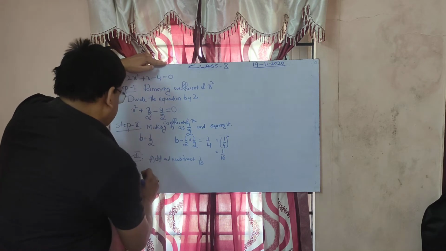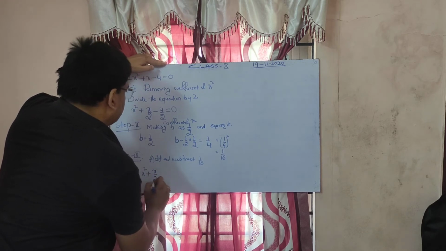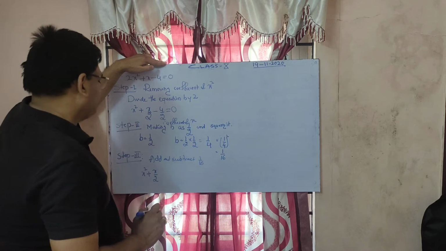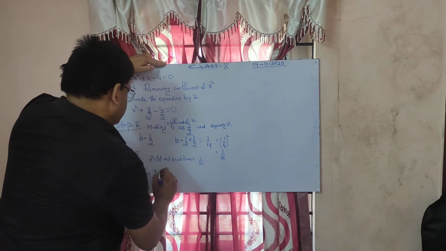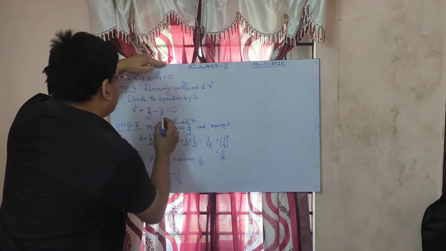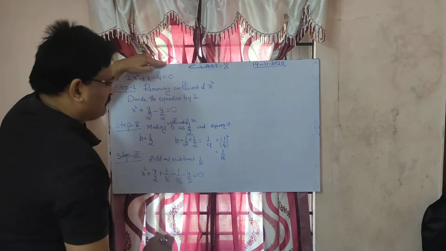In the equation, x square plus x upon 2 as it is, now plus 1 upon 16 minus 1 upon 16, and what remains is minus 4 upon 2, equal to 0.